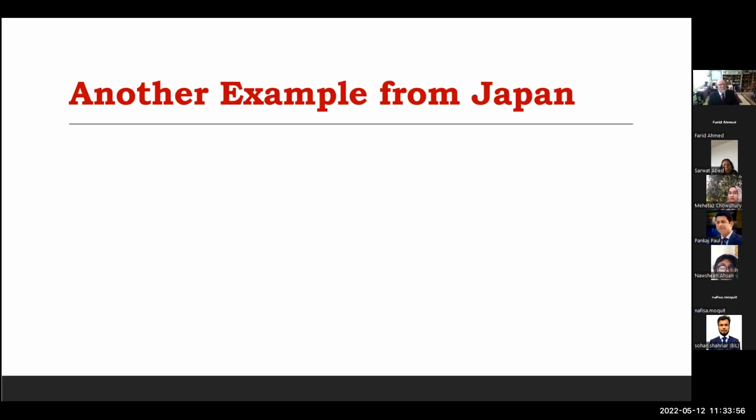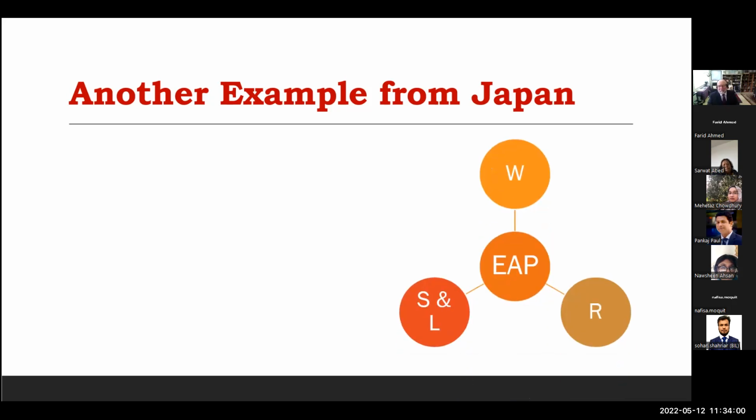And another example from Japan and from AIU is that in Japan, unfortunately, there are some things we don't have control over because we're a public institution, and there is a Ministry of Education, and there are lots of regulations and rules that come down from that august body in Tokyo.